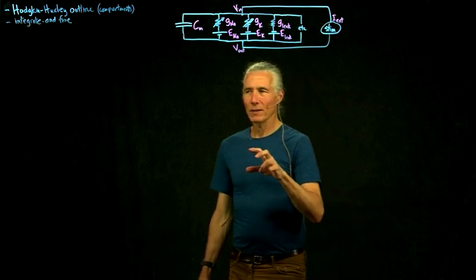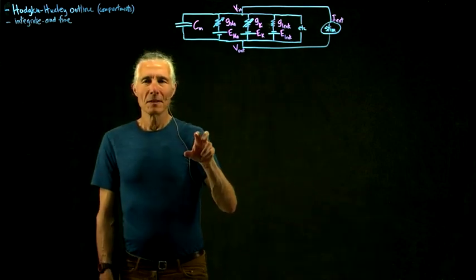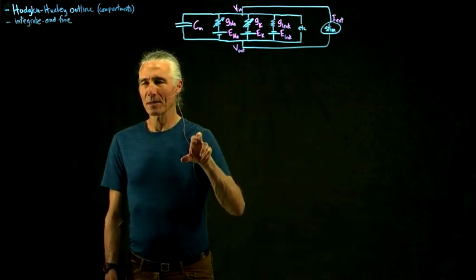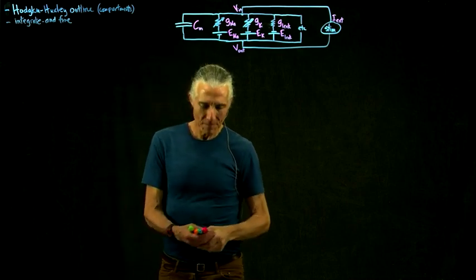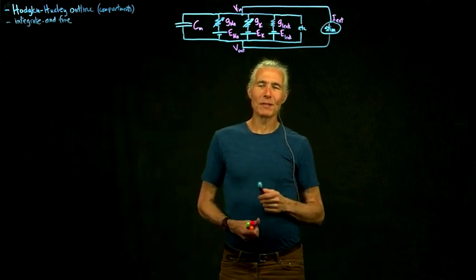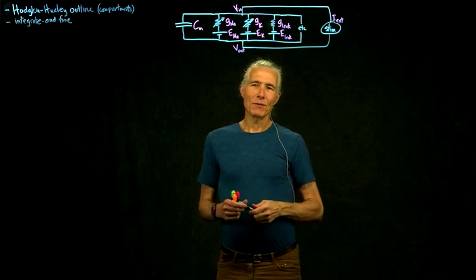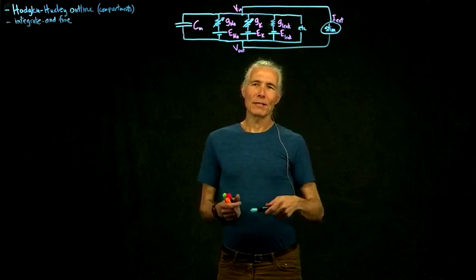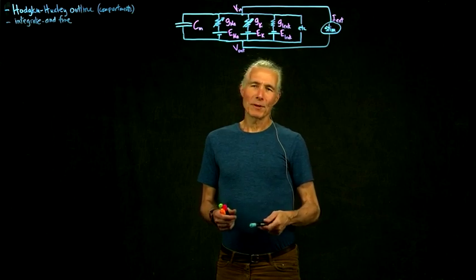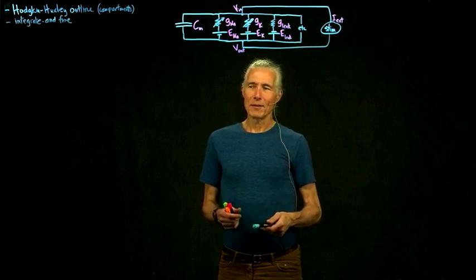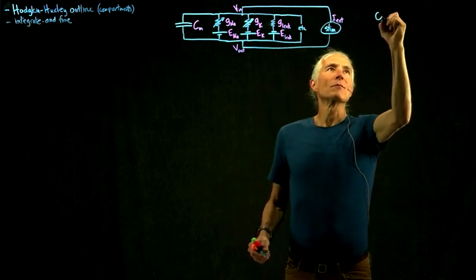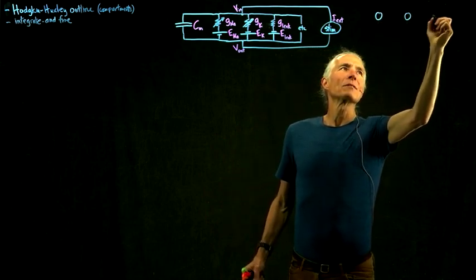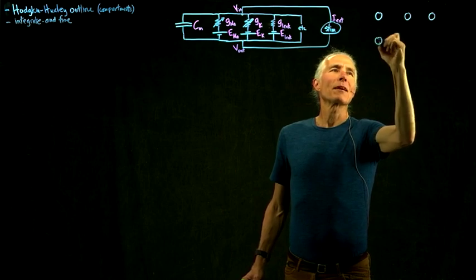So if you have 2 particles, then the channel won't open unless both of the activating particles are there. So they imagined there were 6 possible states if you've got 2 activating particles and 1 inactivating particle, and they can either be there or not. That's 6 possible combinations. And so they used first order chemical kinetics.